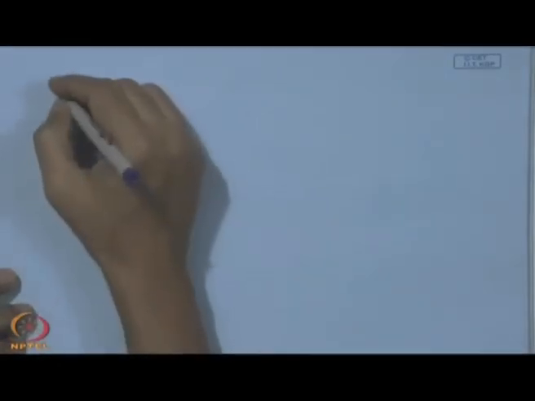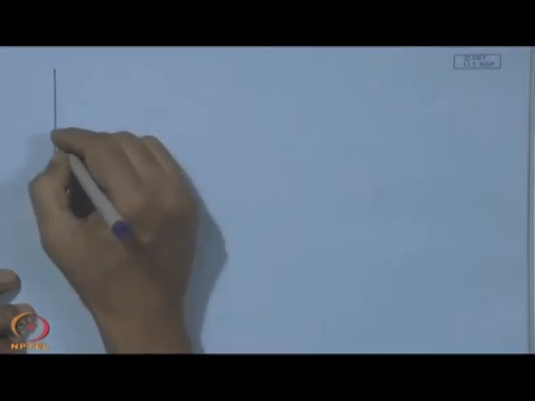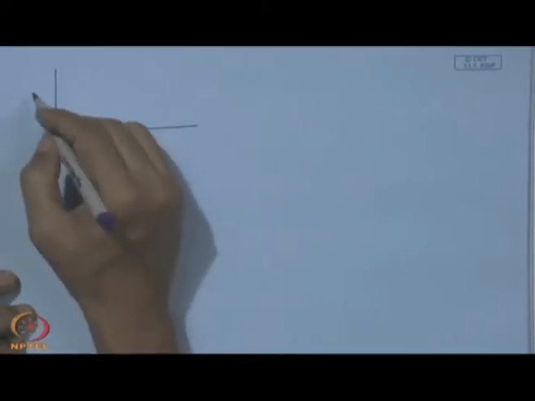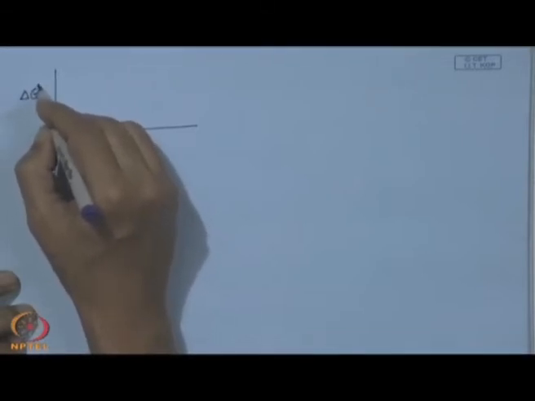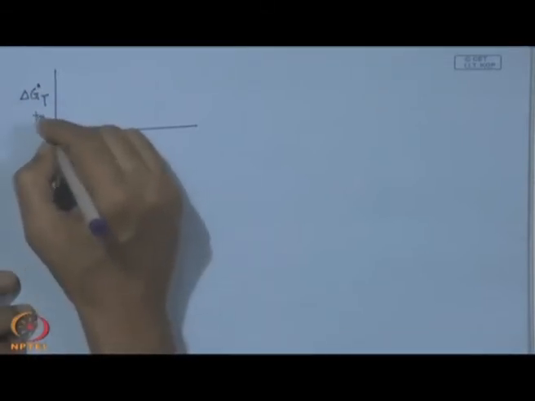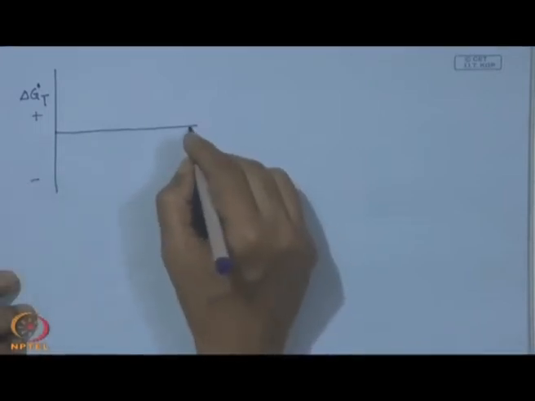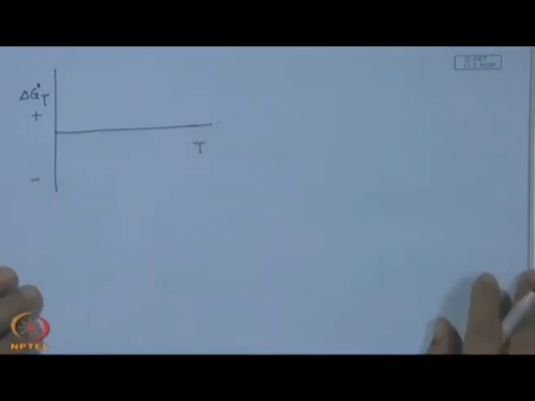Now, we can have a quick look at this diagram, the Ellingham diagram. Ellingham diagram means we have on one side delta G0 versus T, this is plus, this is minus, and that is the temperature. This diagram will give us clear guidance on how the temperature can be determined, or what will be the threshold temperature to carry forward the reaction from the reactant to the product. So, it should be a product favored reaction.